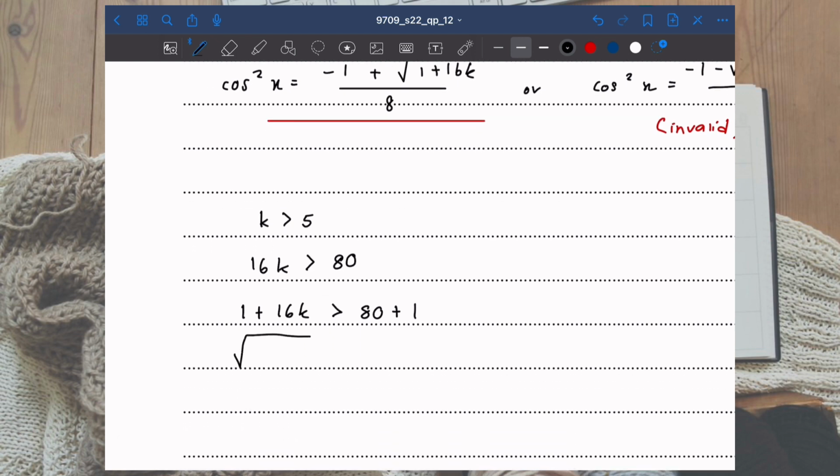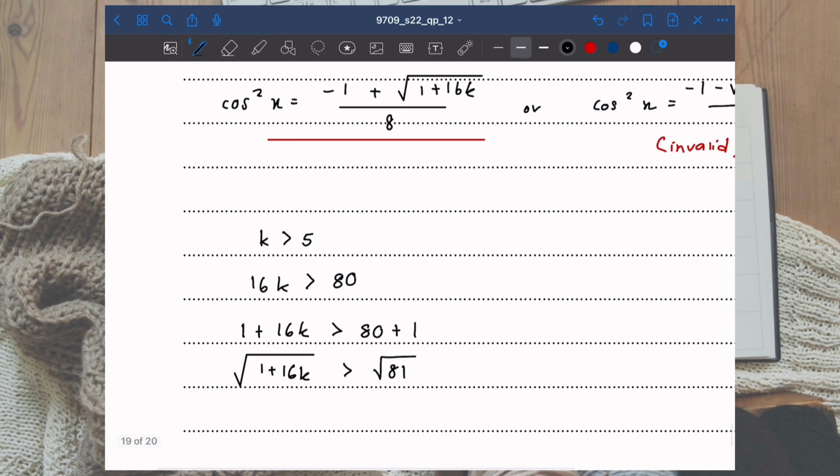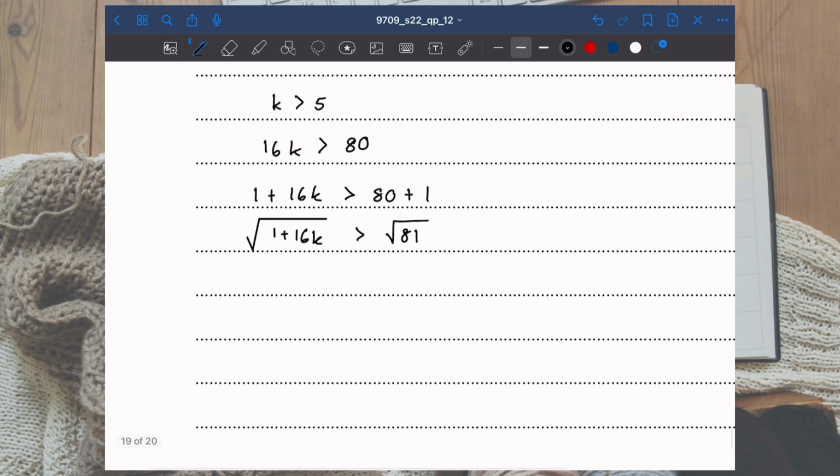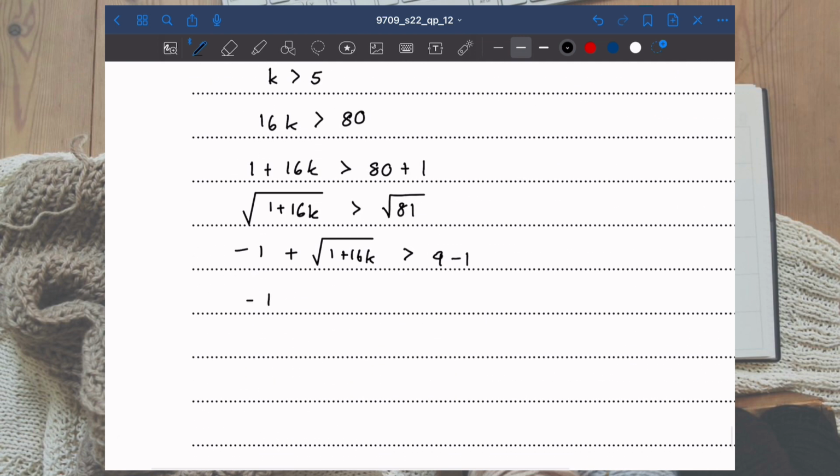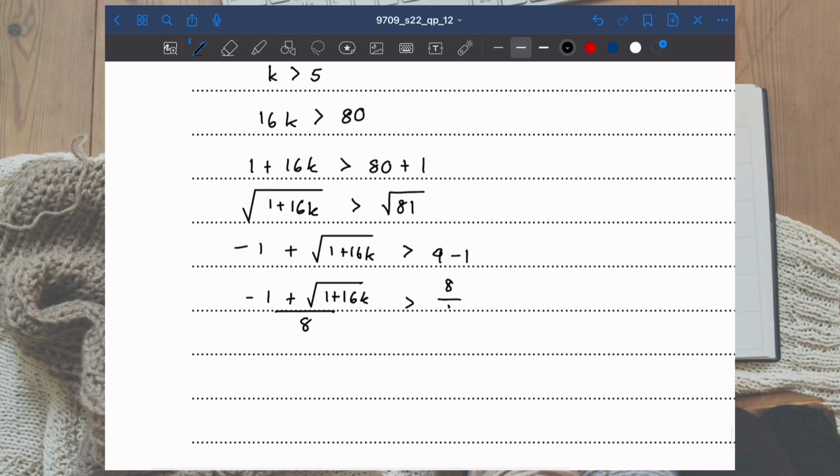Then square root of 1 plus 16k will be more than square root of 81, which is 9. And then we have a negative 1, so negative 1 plus square root of 1 plus 16k is more than 9 minus 1. And then we divide by 8. So negative 1 plus the square root of 1 plus 16k over 8 is more than 9 minus 1 is 8. Divide by 8.